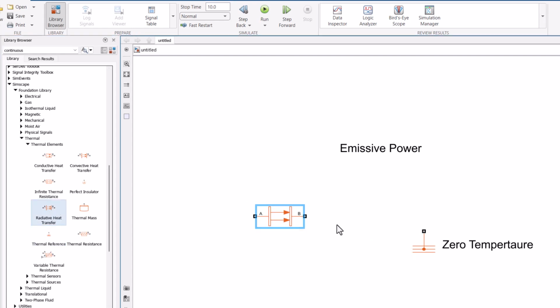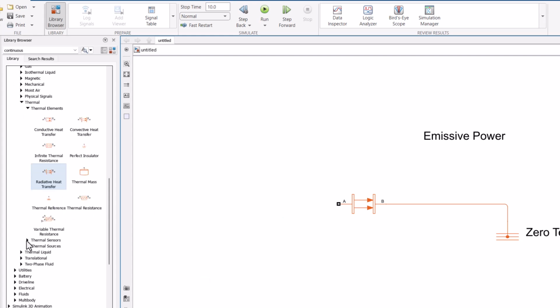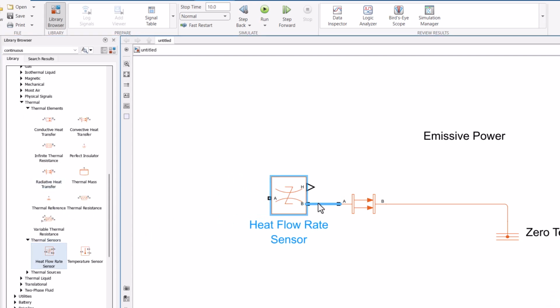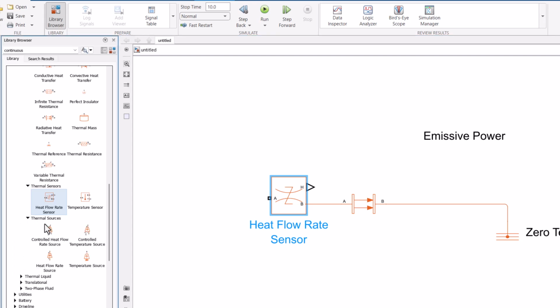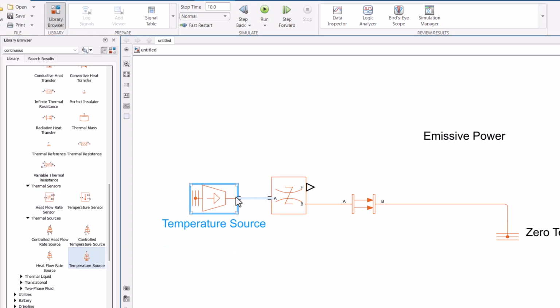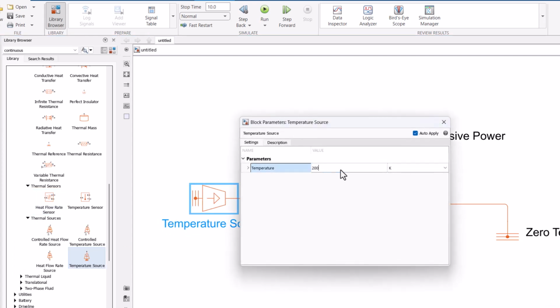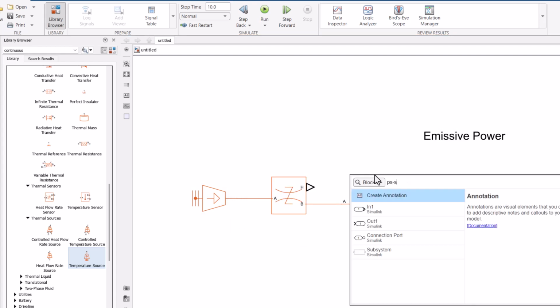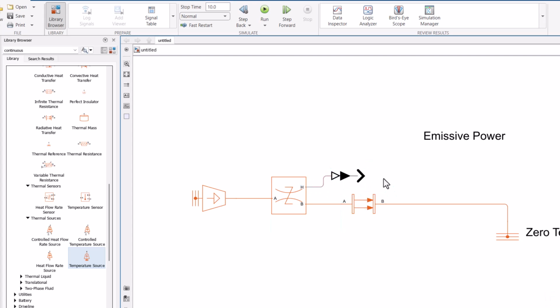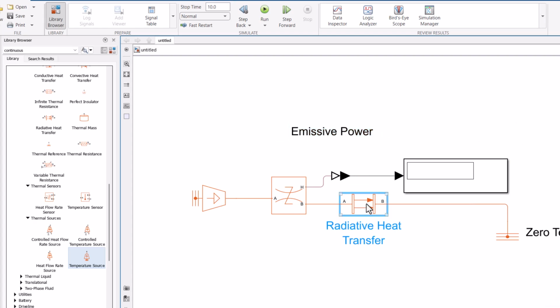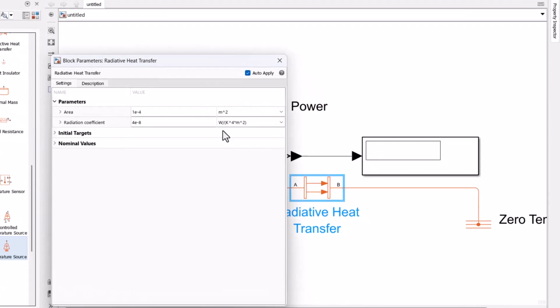Then I add a radiative heat transfer block. I also add a heat transfer sensor from sensors, and from sources I add a temperature source. So the surface was at 200 degrees Celsius, a PS Simulink converter, and a display block. So I go to the radiative heat transfer block. It asks for area.